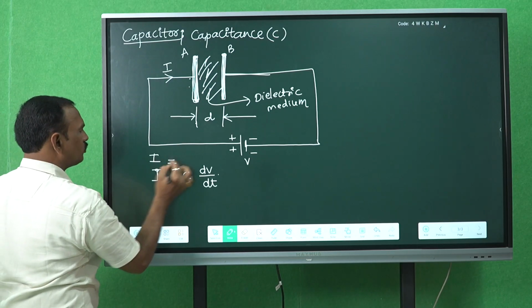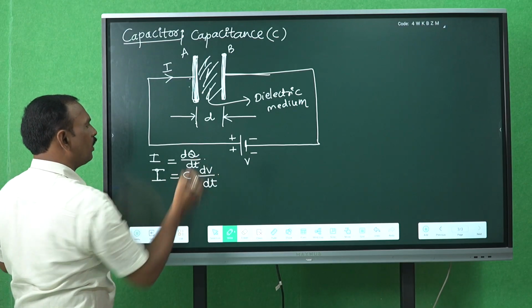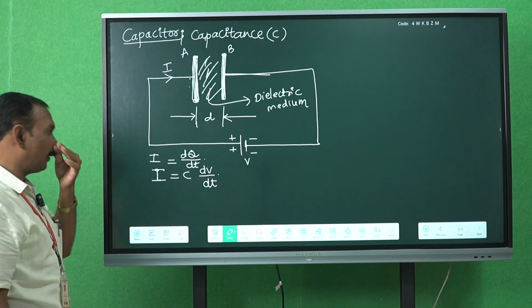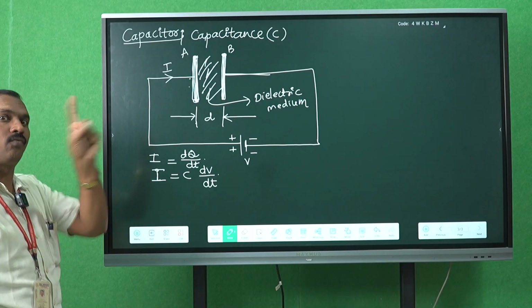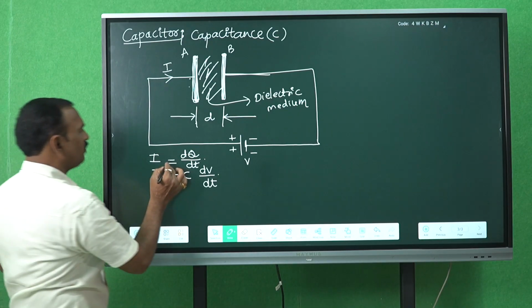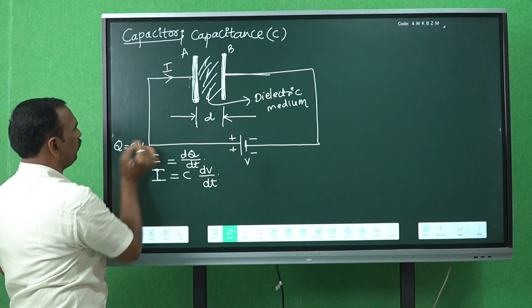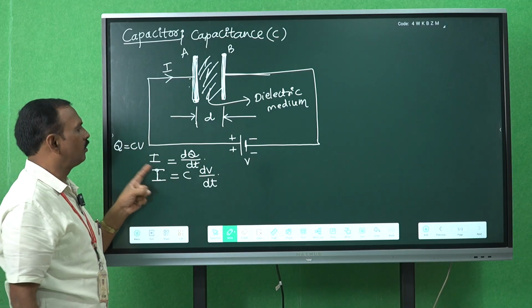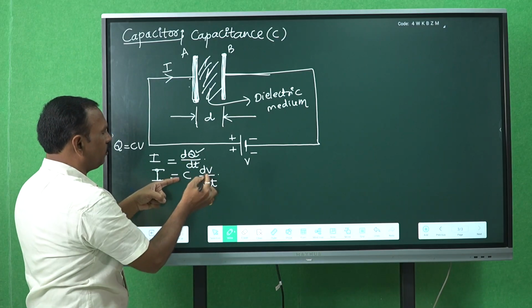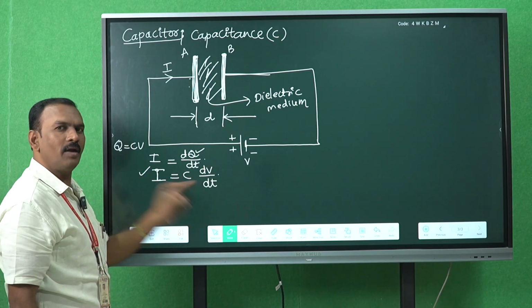Actually, I is equal to dq by dt, the rate of change of charge flowing. Current is nothing but the rate of flow of charge. What about q? Q is equal to C into V. If Q is replaced with C into V, then we get I equal to C dV by dt.